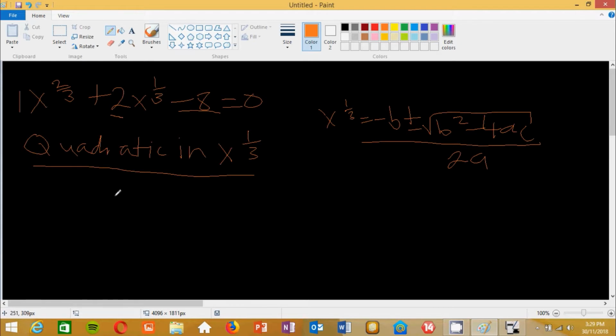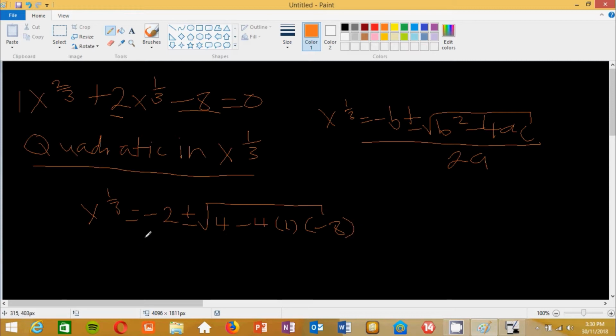So applying this, x to the power 1 over 3 is equal to negative 2 plus or minus the square root of b squared. Well, b squared is just this 2 squared here, which is going to be 4, minus 4 multiplied by 1 multiplied by negative 8.